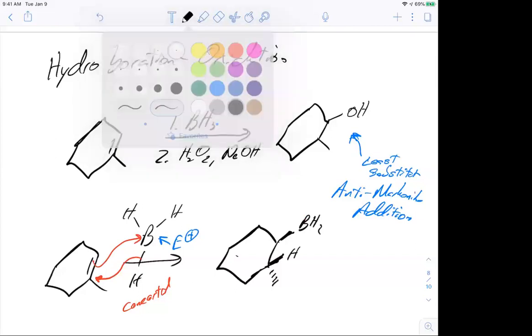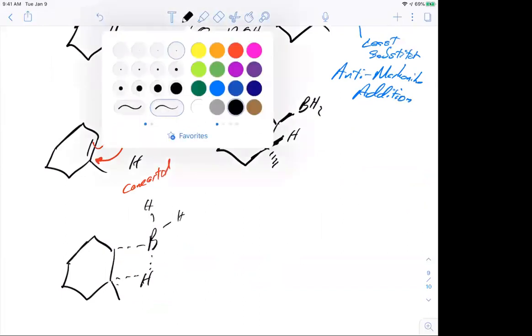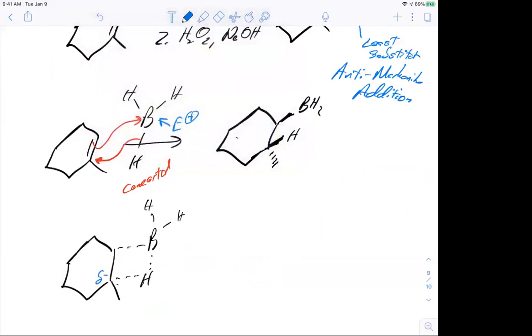that intermediate, because of the tertiary position, this is going to be the more partially positive. This is going to be the more partially negative. Partial positive, partial negative process. So that's the first step.